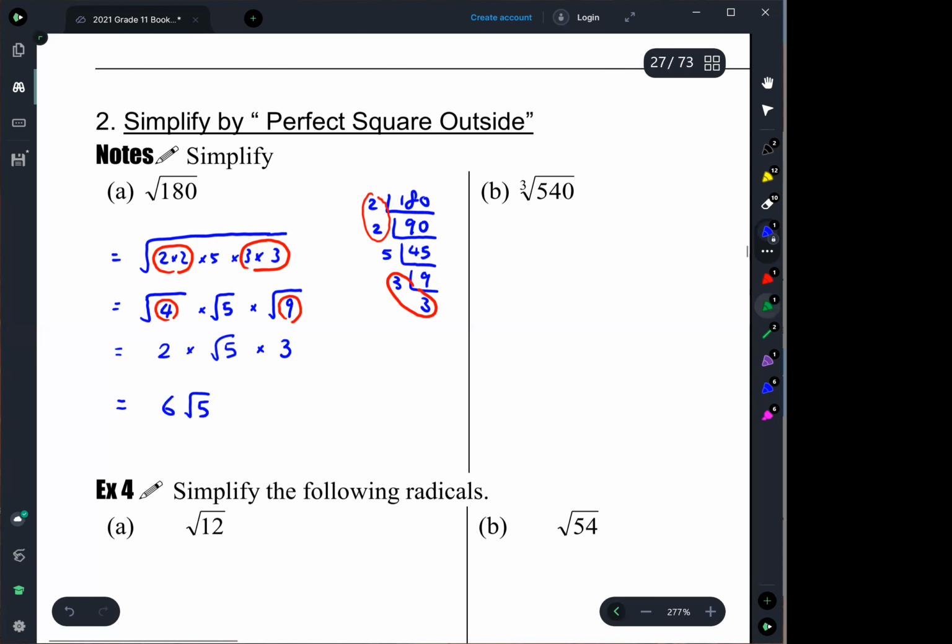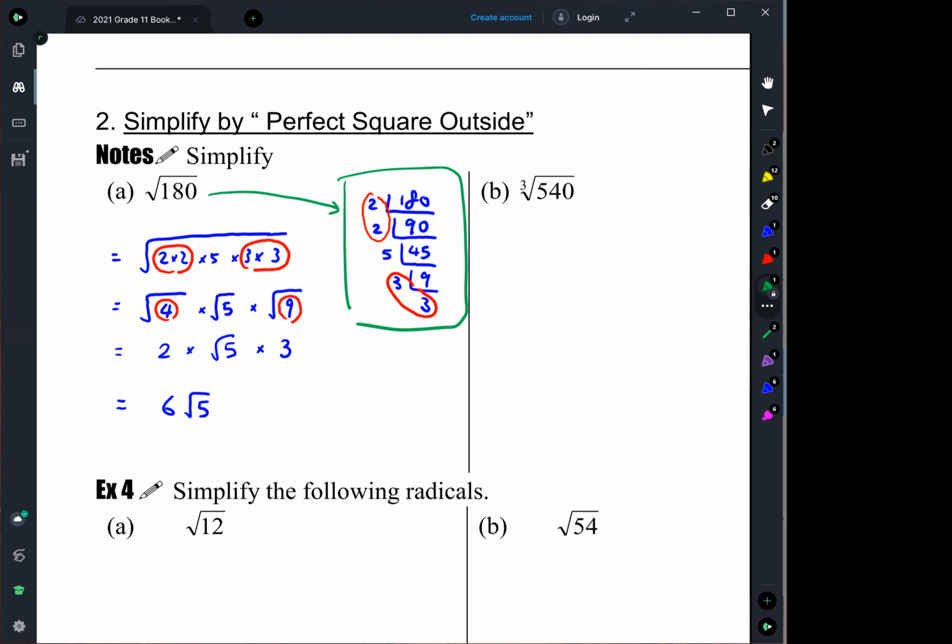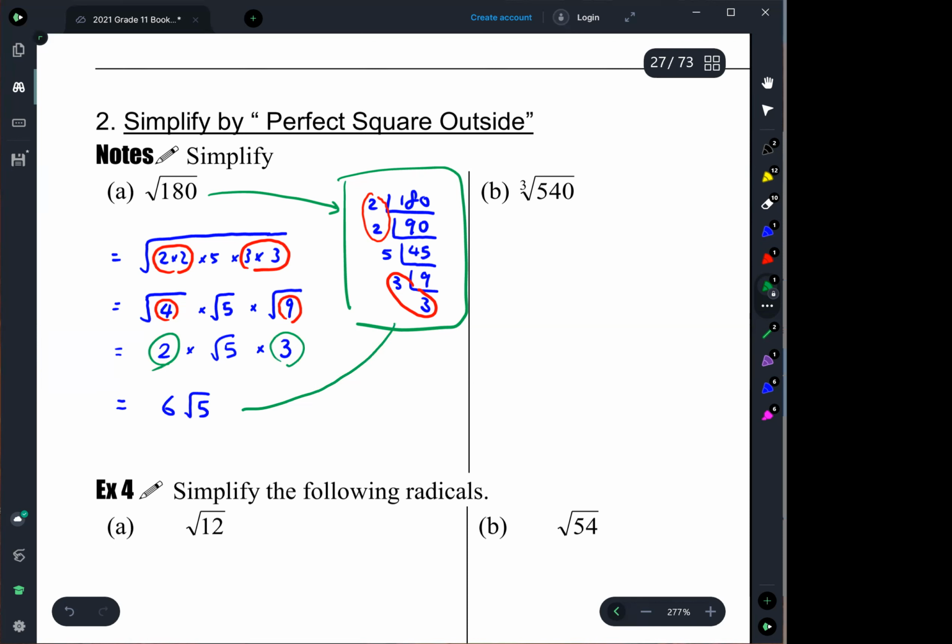So in the future, how do we go from the question to here faster? From 180, you break it down first. From the chart here, you see you have a pair of 2, so you know the 2 can go out. You see a pair of 3, so 3 can go out. Once you see what goes out, you can write out the answer right away.